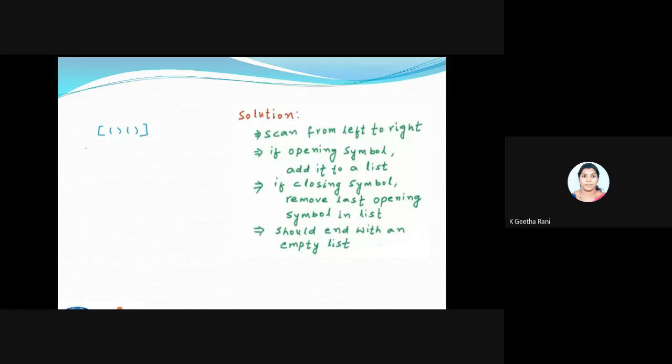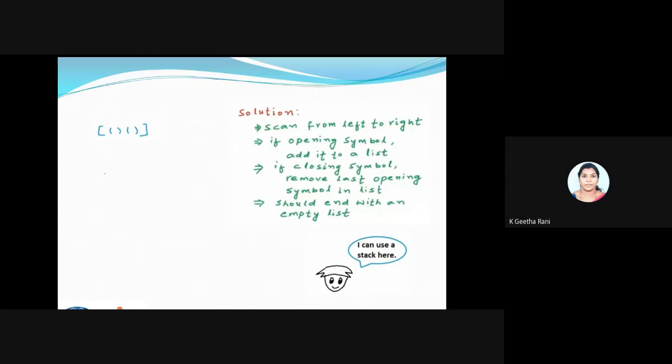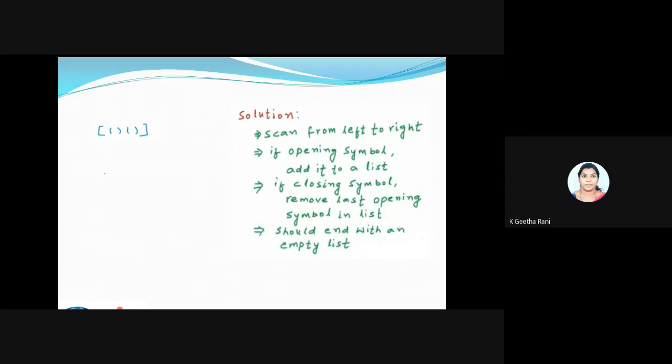If I scan from left to right, I will draw a stack here. Assume it's going to be a stack. I take the first one and put the bracket here. If there is an opening symbol, add it to the list, or a stack.